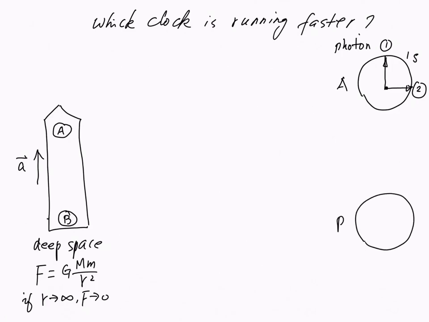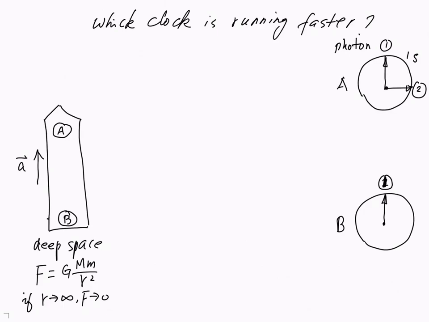Then let's look at clock B. When clock B receives the first photon emitted by A, that is the beginning of the tick.